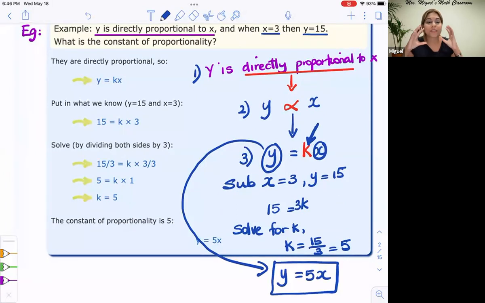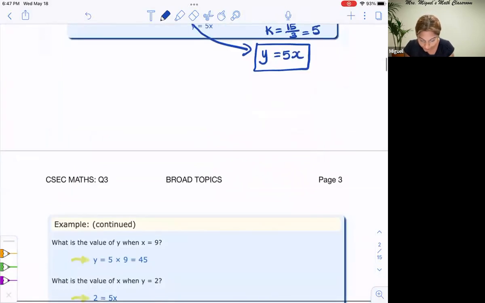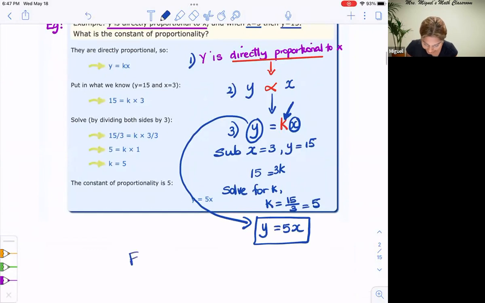From your statement, you are to transfer it into a mathematical statement or a mathematical equation that contains an equal sign. And then the next part is to find the value of Y when X is 9. So go ahead. Find Y when X equals 9.